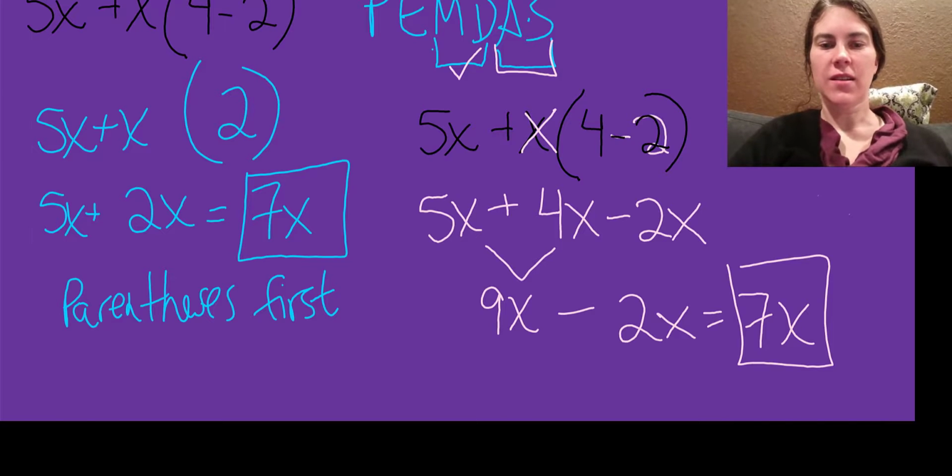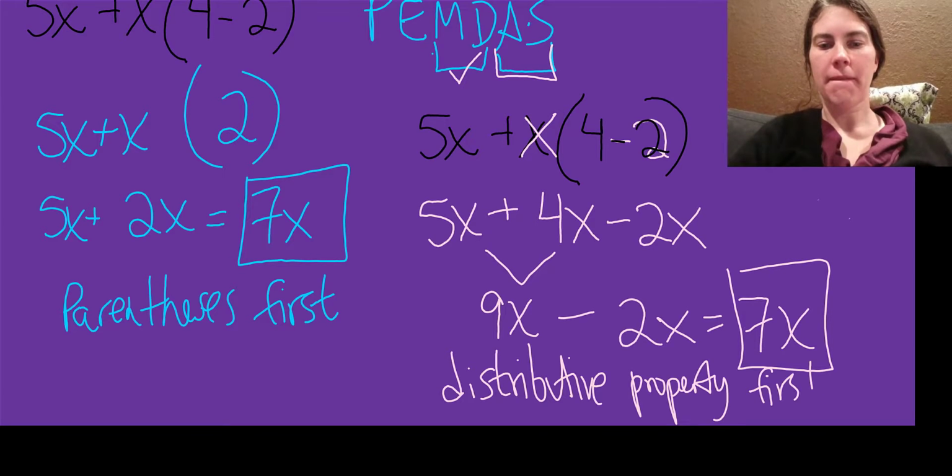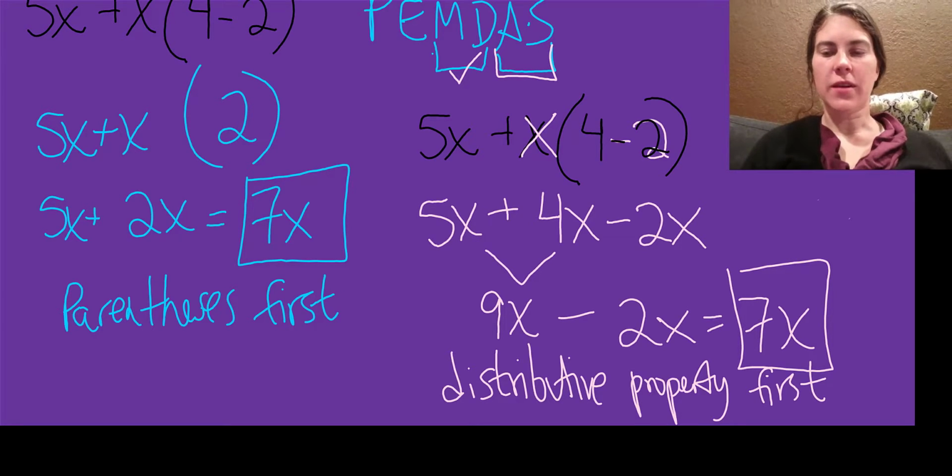Same answer. Doing it this way is called the distributive property. If I do it with the distributive property, or if I do the parentheses first, either way I get the same answer, which is 7x.